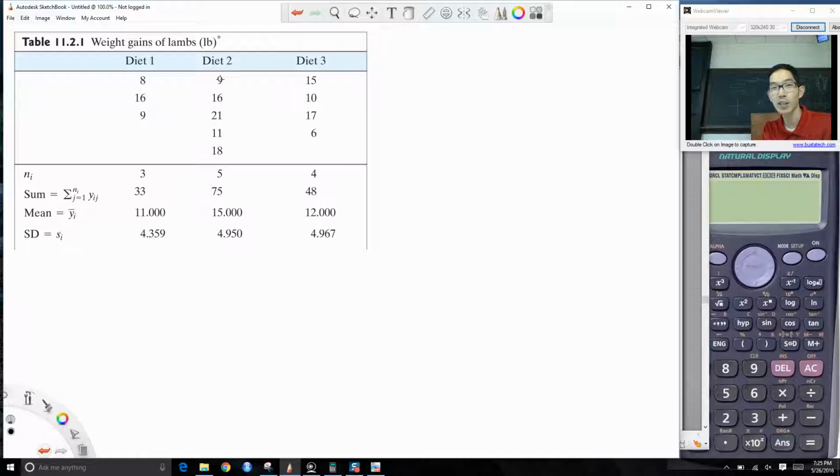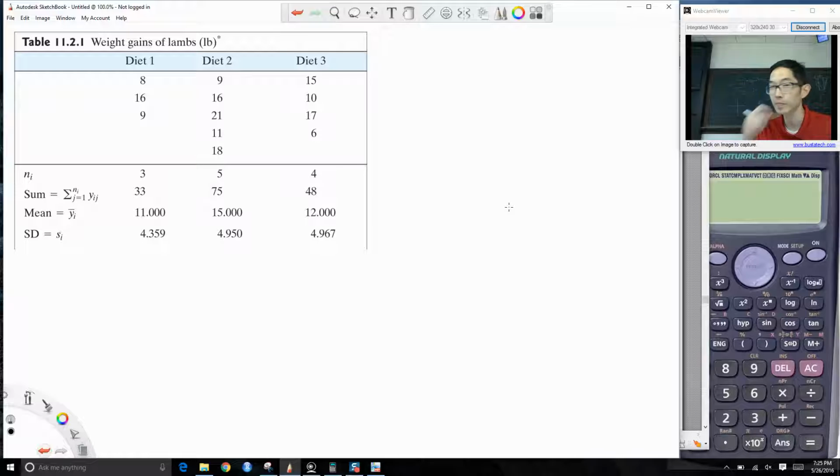Okay, now on diet 2, these are the different amounts of weight that the lambs on diet 2 gained, and the average weight gain there was 15 pounds. And under diet 3, there were 4 lambs, and the average weight gain was 12 pounds. Okay, and so the question is, is there a difference in the amount of weight gain between the different lambs here?